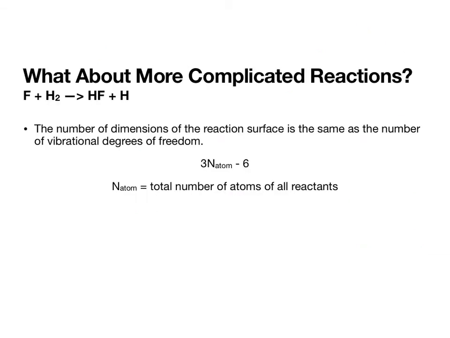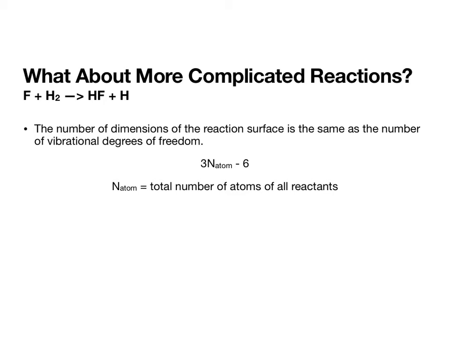So the number of dimensions of a reaction surface is the same as the number of vibrational degrees of freedom. So that is 3n minus 6, where n becomes the total number of atoms of all reactants.